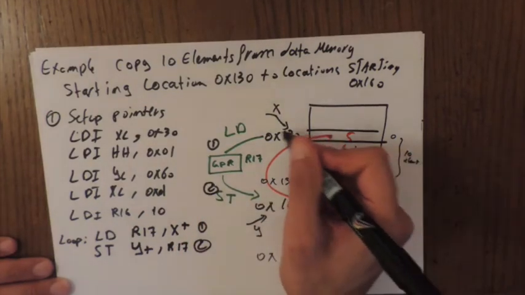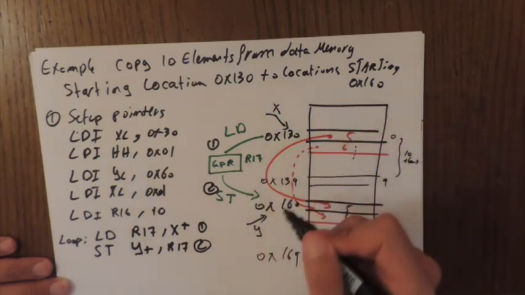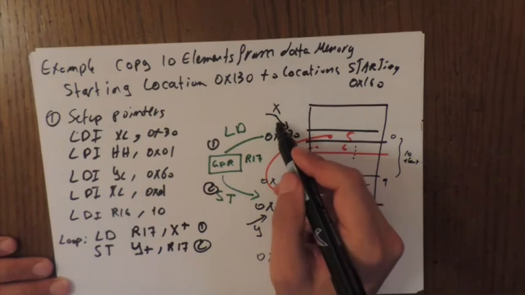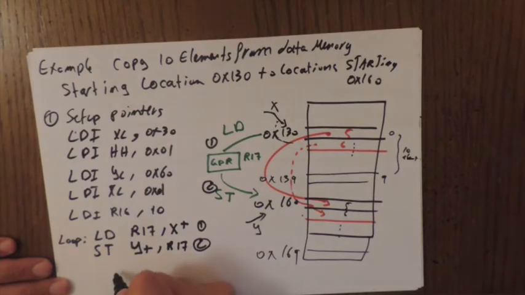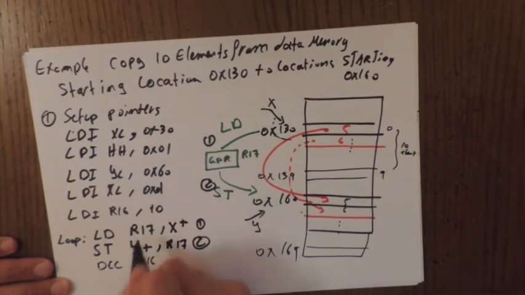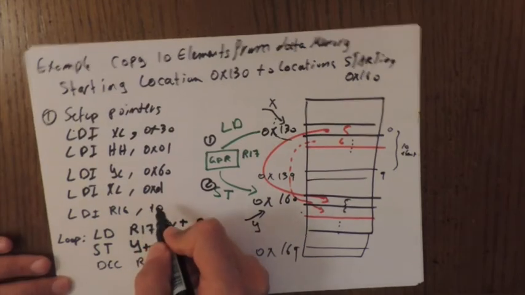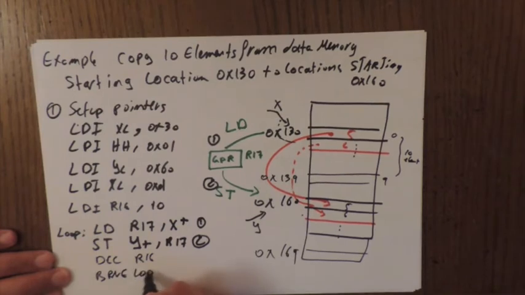So 1 brought this value from 130, and it incremented, and X now is pointing to 131, and Y will be pointing to 161 after these two operations happen. And then we decrement our counter for the loop, and branch not equal loop.